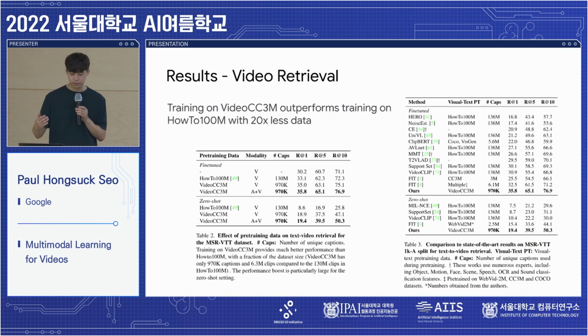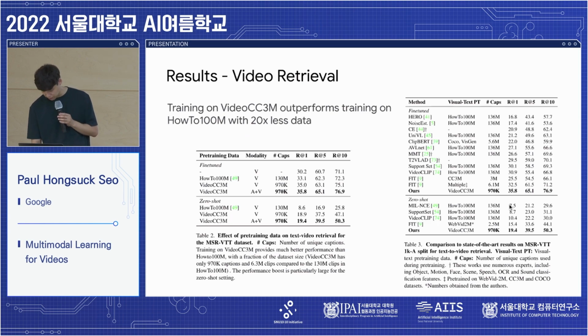When we use this dataset for video retrieval, compared to the HowTo100M dataset, which is 20 times larger, we could perform similarly or slightly outperform it. In zero-shot settings, it performed much better.